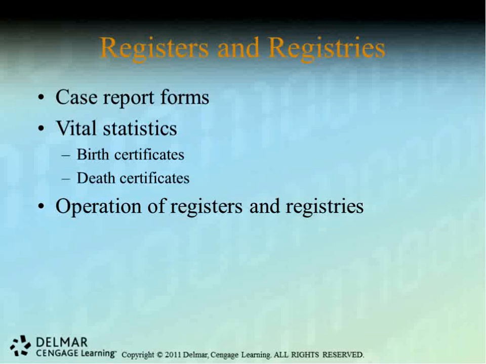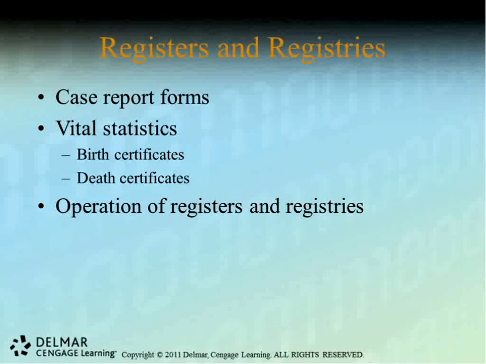With a register, and your book does a good job of differentiating between the two, your register is a collection of information, whereas your registry is a structured system for collecting and maintaining information about a population for analysis and review. All right?